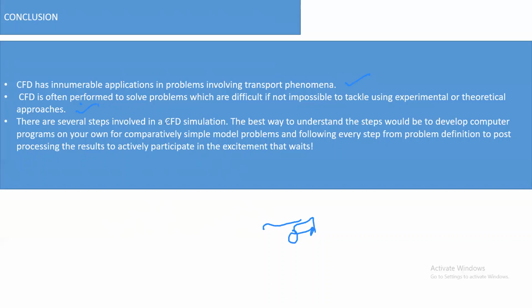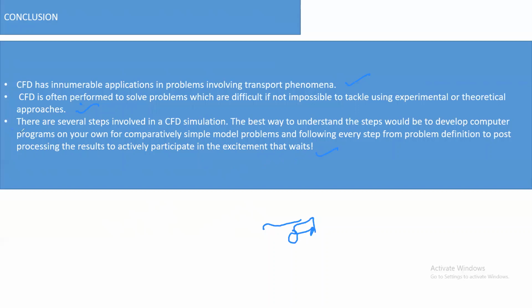There are several steps involved in CFD simulations. The best way to understand the steps would be to develop a computer program on your own for comparatively simple model problems, following every step from problem definition to post processing the results, to actively participate in the excitement that awaits.